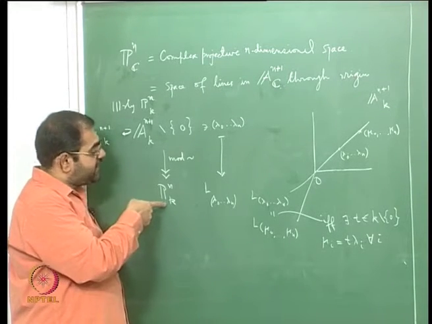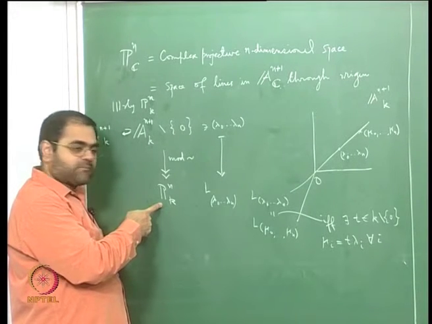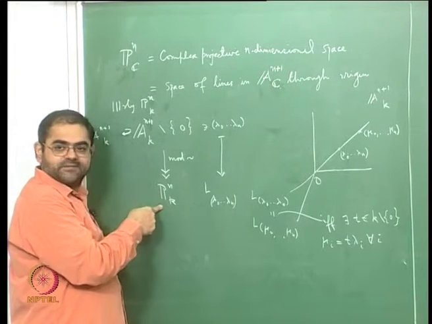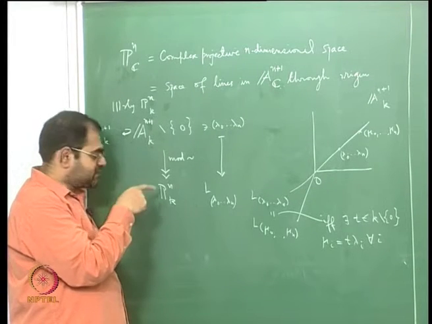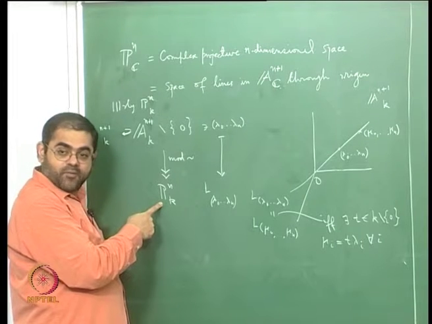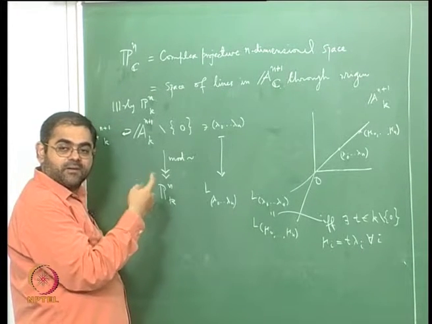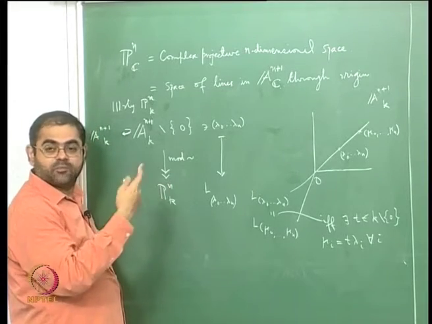But what is a line? A line is a point here, so I can make sense of whether a polynomial vanishes at a point here or not, okay, and then I define the closed sets to be the common zero loci of a bunch of homogeneous polynomials.